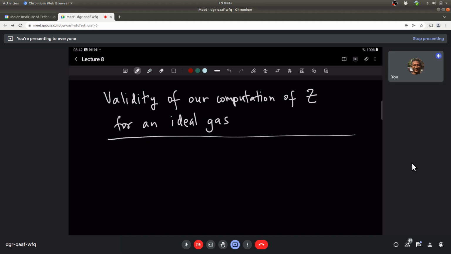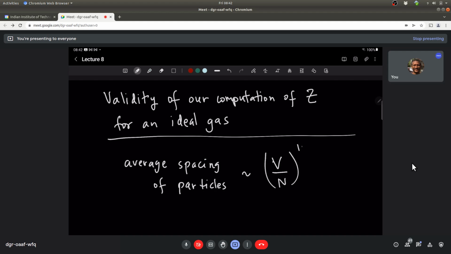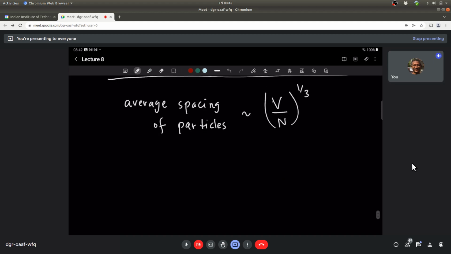First, we want to ask what is the average spacing of particles. From dimensional grounds, it should be (V/N) to the power 1/3. This is one natural length scale in the problem. You agree? So this is one length scale.